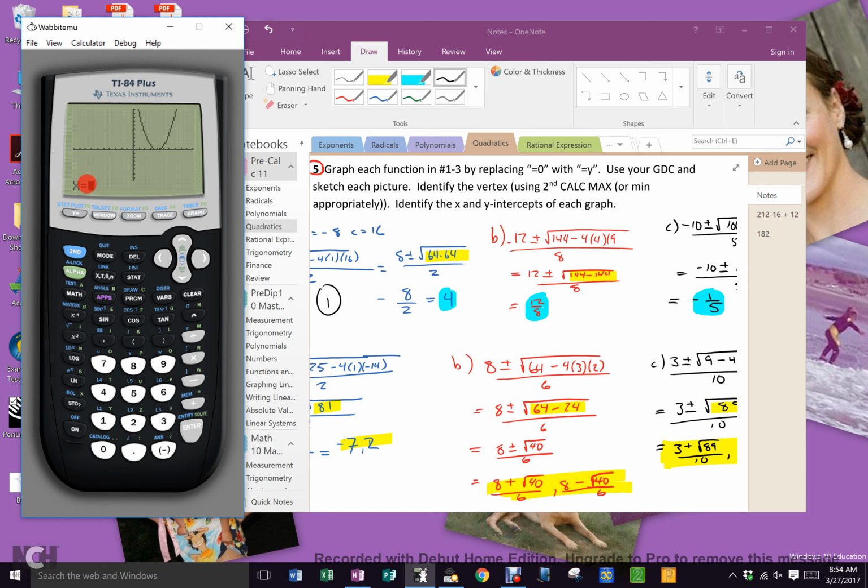Hold up. Some of you are saying 4. If I put x equals 4, and I hit enter, what's y? 0. That's not the y-intercept, is it? Nope. So second calc. What must I have to put in for x to get the y-intercept?